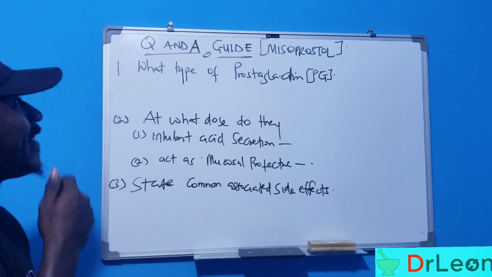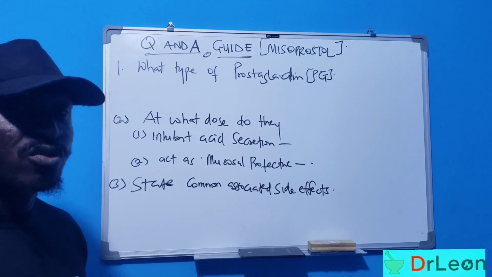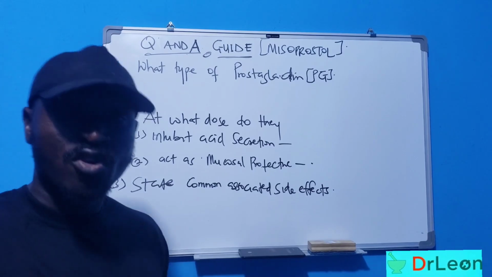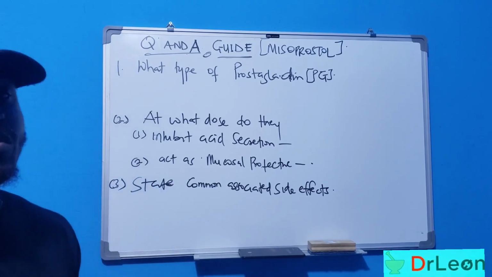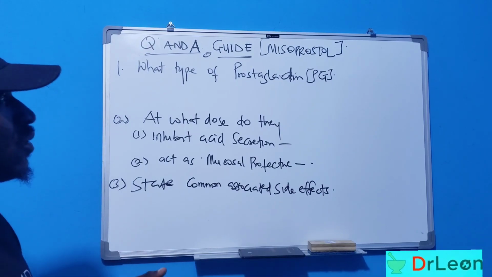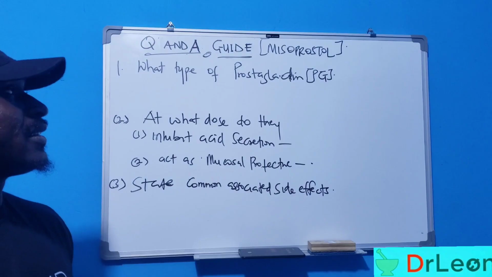So our first question will be, we said Misoprostol is a prostaglandin that helps to form the stomach mucosa to protect the mucosa from acid. So our first question is, what type of prostaglandin is Misoprostol? It's a synthetic prostaglandin.